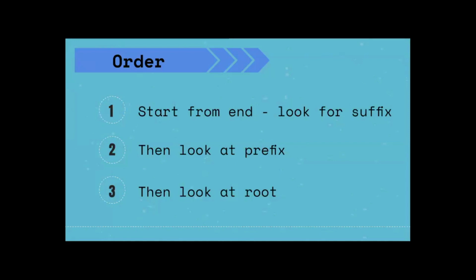So you might already have an eye for this stuff, but just look out for it because that's where we start from. We don't read left to right in medicine, we read right to left. So we start from the end and then we go back to the beginning and we look at the prefix. So once we understand what the suffix is, we go and look at the beginning, at the prefix, understand what that is, and then we look at the middle, the root of the word.